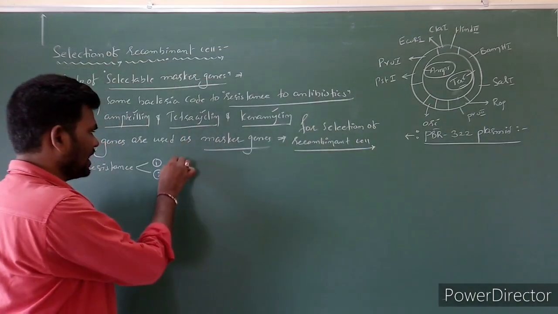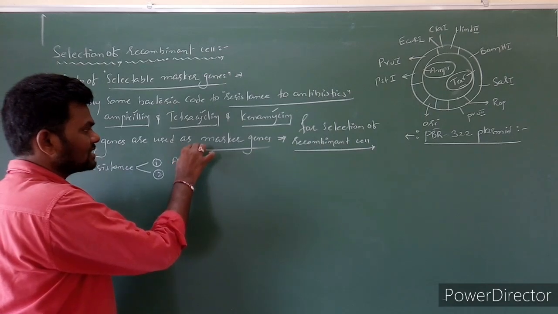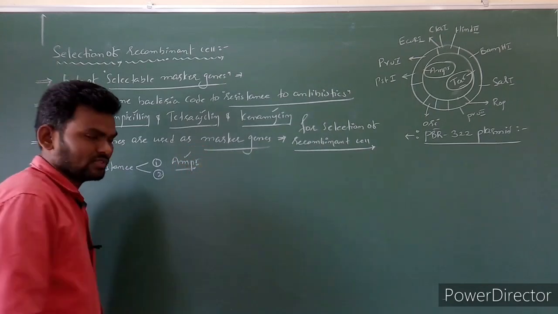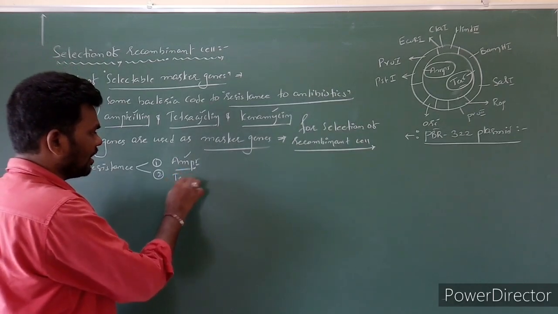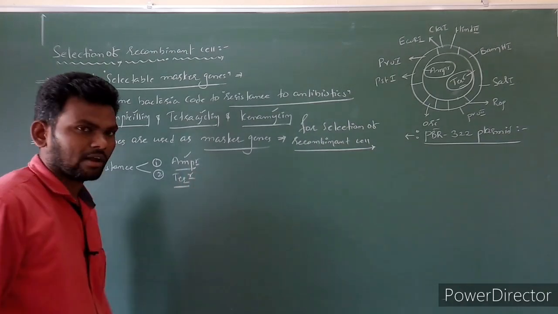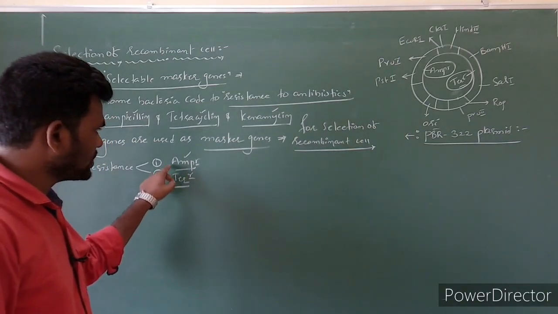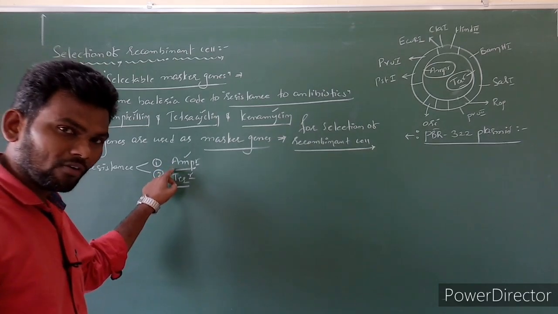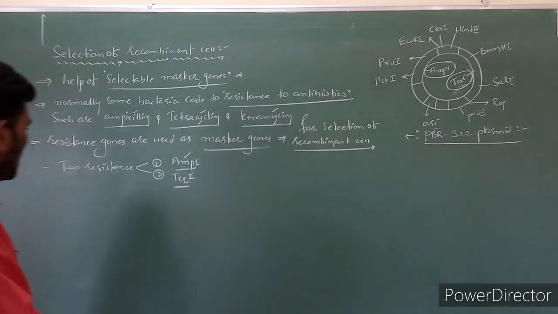One is AmpR, the ampicillin resistance gene. The next is TetR, the tetracycline resistance gene. Now these two genes are used for selection of recombinant plasmid.